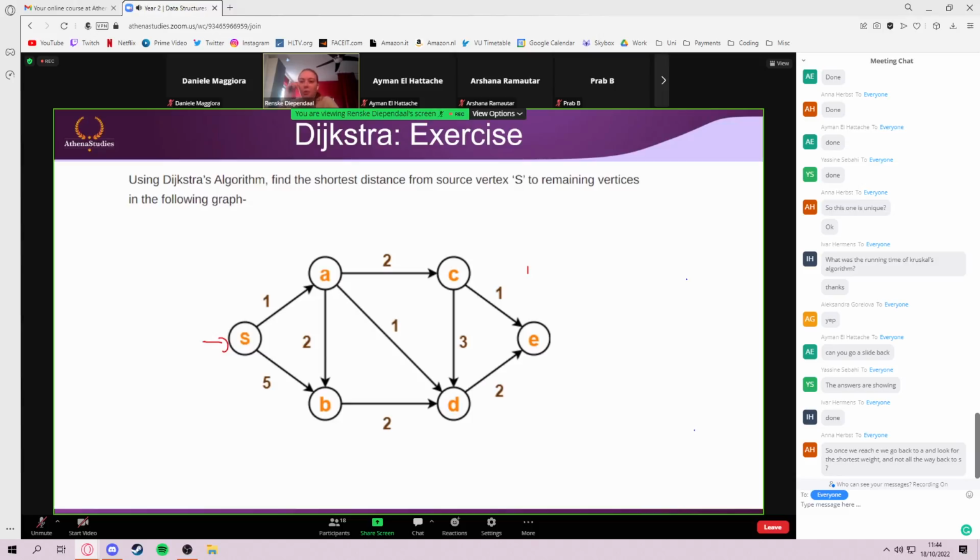Question: once we reach E, we go back to A and look for the shortest weight, and then all the way back to S? Let's see. No, you don't have to go all the way back to S. Just find the shortest weight. I'm not sure if it's A at the moment, but probably yes.